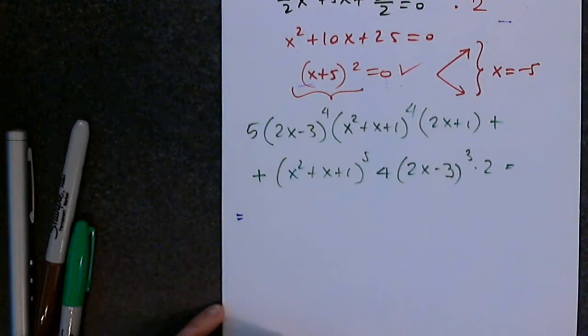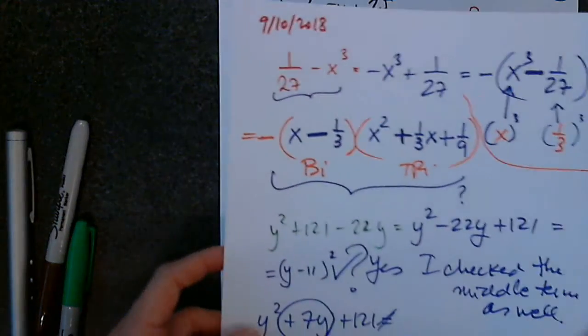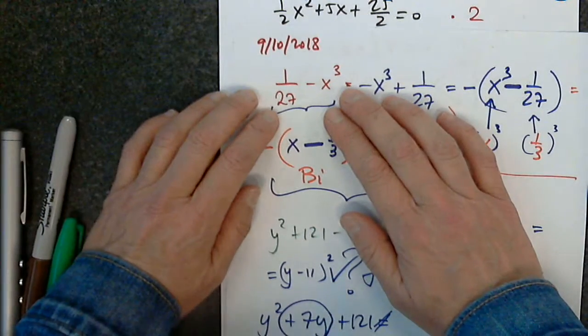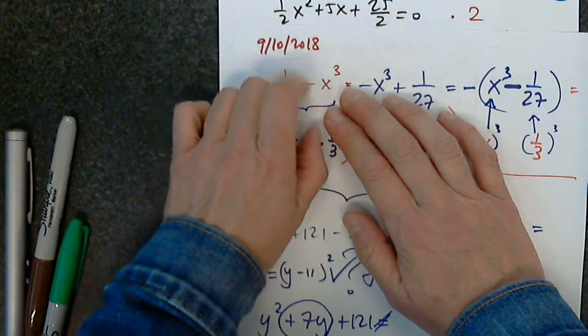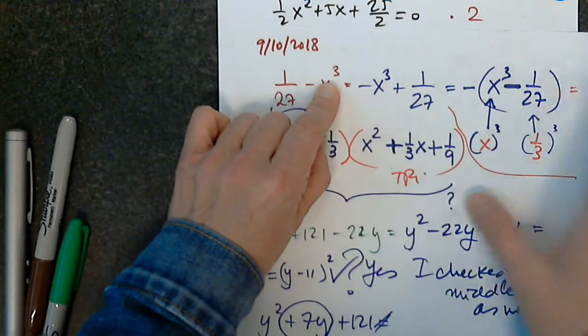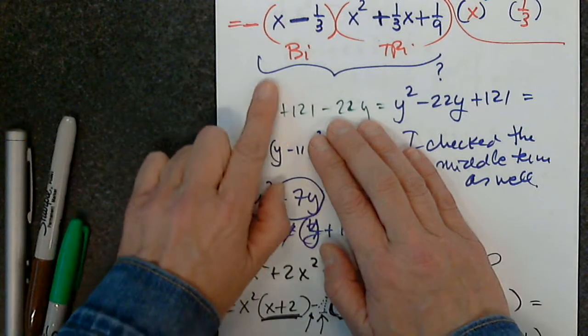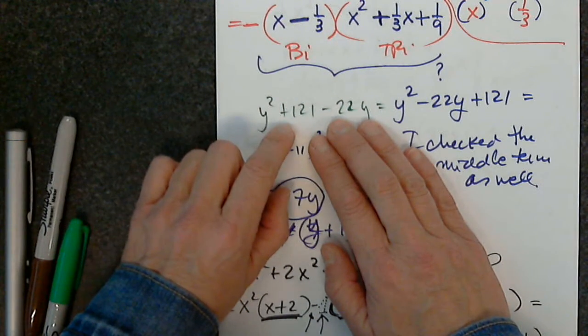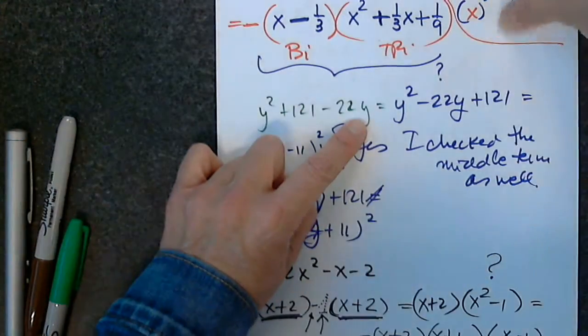Okay, so one more time, how many terms we have? What do we mean by terms? When we say terms, how many terms we have here? One quantity minus another quantity. Good. So let's go back here. How many terms we had here? One quantity plus another quantity minus another quantity. Good.